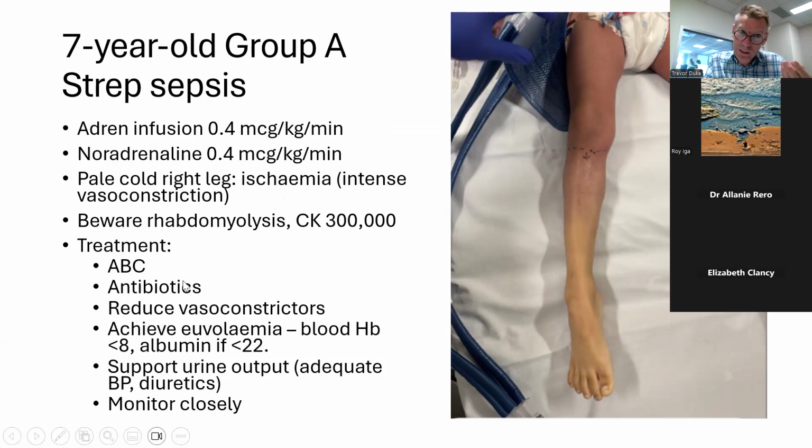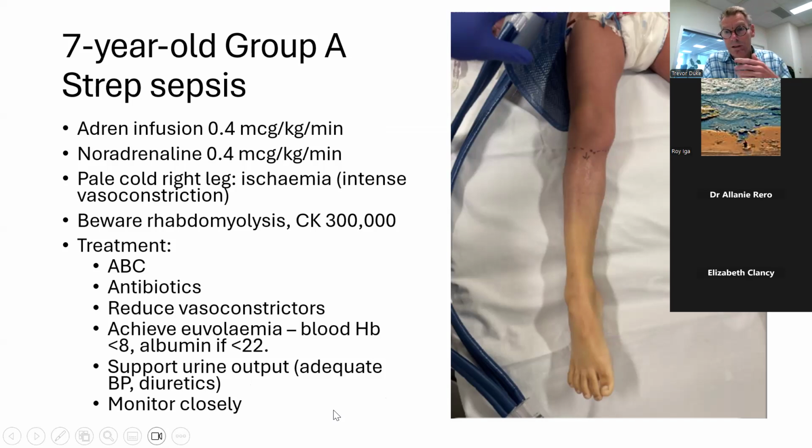So the treatment, again, for him, of course, the airway, breathing, circulation, give antibiotics, source control, but reduce the vasoconstrictors because they're causing some problems. And so he required some blood and some albumin, and you need to support his urine output, make sure his blood pressure is adequate for his urine output, and get him on some diuretics so that his kidneys don't fail, and then monitor him closely.